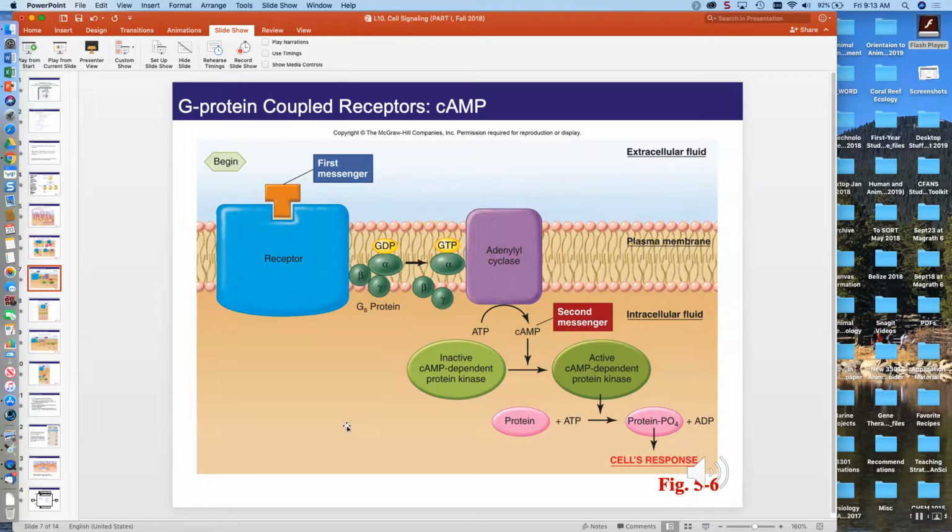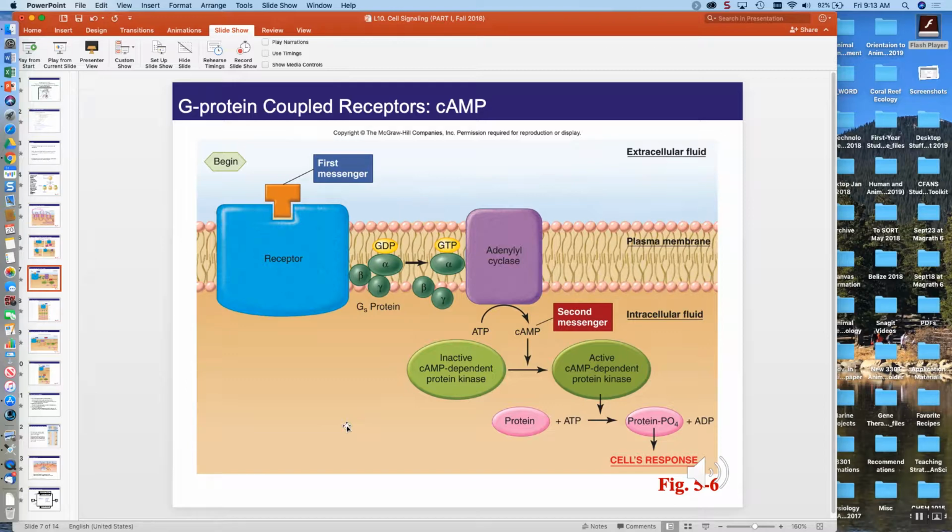And cyclic AMP is a really important second messenger. It goes on to activate within the cell protein kinases like protein kinase A. And this kinase goes on to phosphorylate a lot of different molecules within the cell, including CFTR.